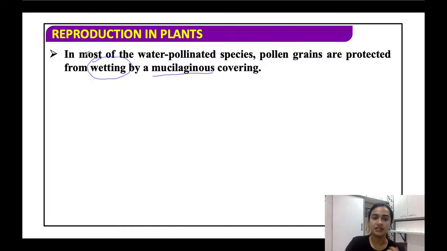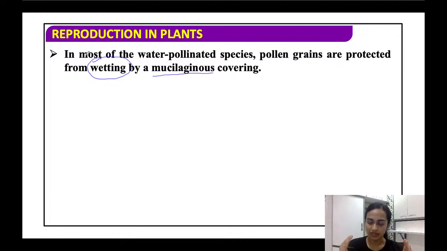All right, and another thing we need to remember is that in the previous class, I told you that one of the characteristics of petals is that they are very colorful and add to the beauty of the flower, and also they attract insects. Even their smell and the nectar attract insects.